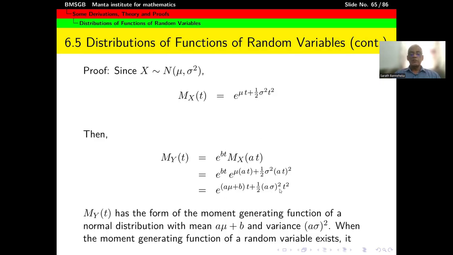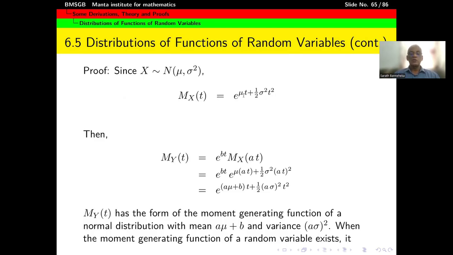This also has the same form: e to the power something times t plus half something times t square. Clearly, both have the same form of moment generating function. This has the form of the moment generating function of a normal distribution. In other words, these have the same form as that of X.